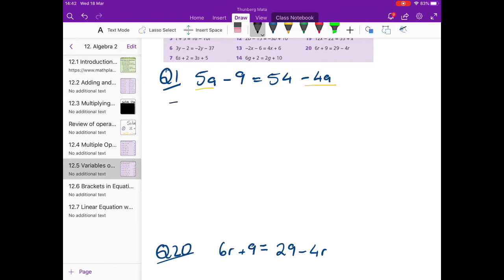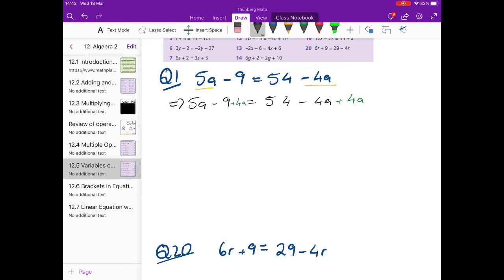So first off, I'm going to set out to get the variables on the left-hand side for myself. So I have 5a minus 9 is equal to 54 minus 4a. Now, if I want to move that 4a to the other side, I'll have to add a 4a to this side and add a 4a to that side.